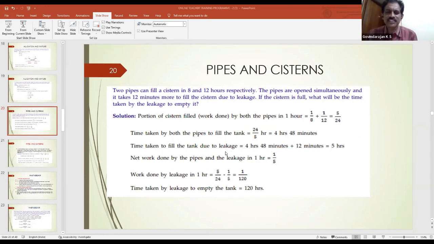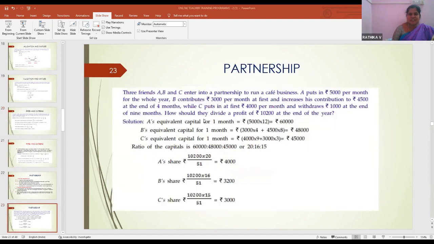I have done the answer also here. So the portion of cistern, this is the 2 pipes question and the partnership question. Also, it is given here.